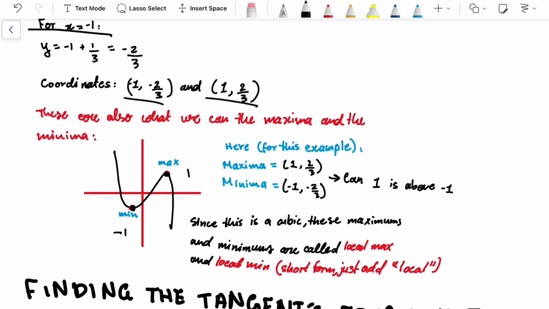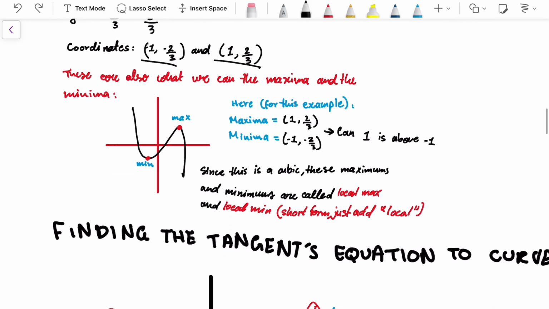If you think about the x-axis, then obviously minus 1 comes before 1, so that's why this point has to be our minus 1, which is going to be our minima, and this one is our maxima. I hope that makes sense. But there is another way to determine which one is the maxima and which one is the minima if you're not drawing it out. So we're going to look at that in just a little bit of time.